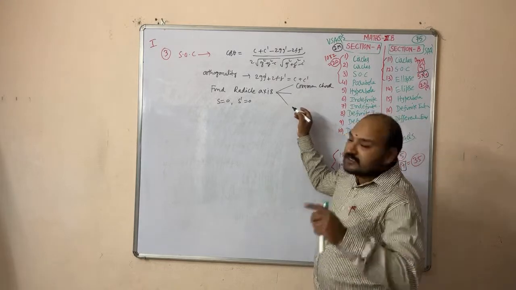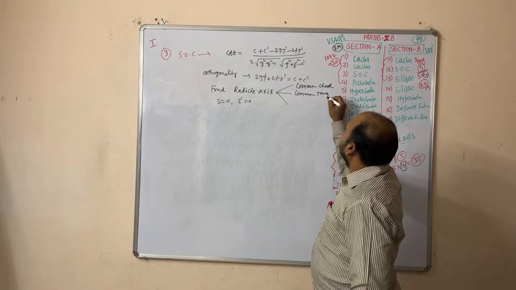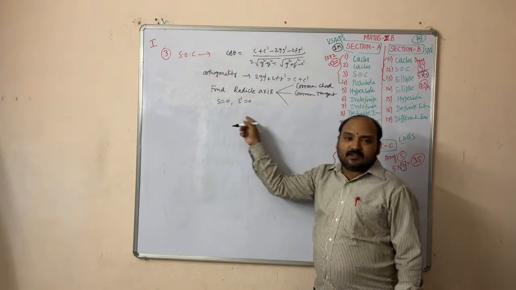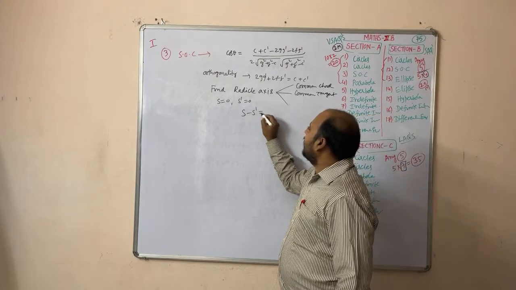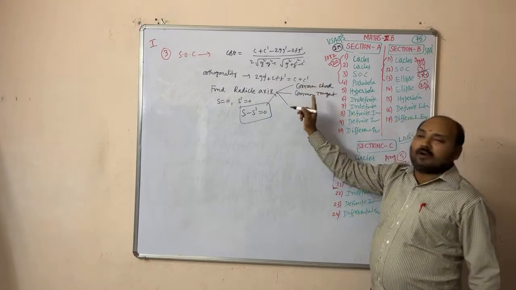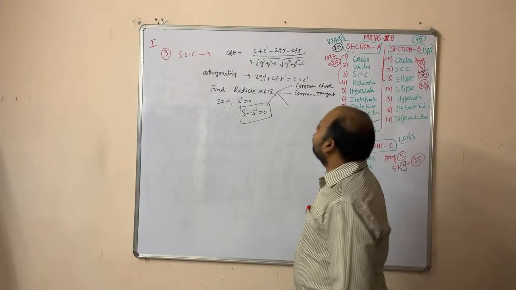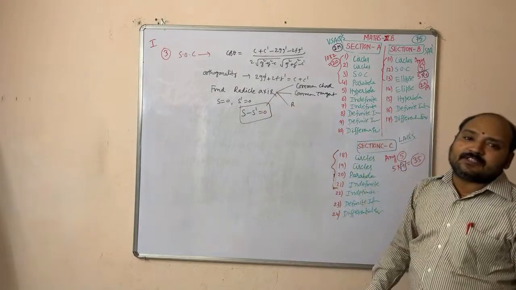When the circles touch each other, we find the common tangent. If they ask for the common tangent, simply calculate S minus S dash equal to 0. It is the formula for common chord, common tangent and radical axis. Even for the radical axis, S minus S dash.